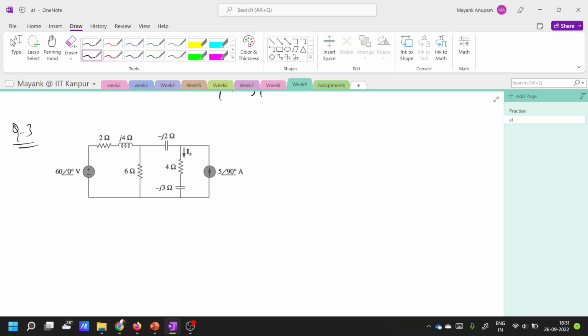This is the third question. We have to find this current Ix here. You see that there is a voltage source here, there is a current source here, right?